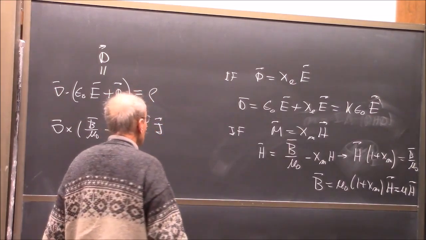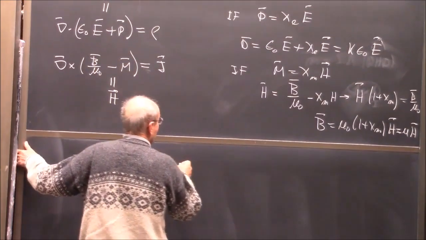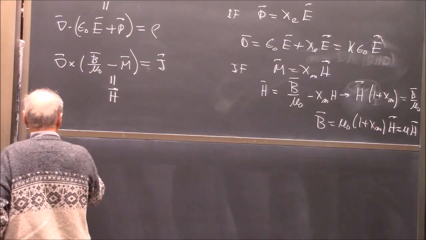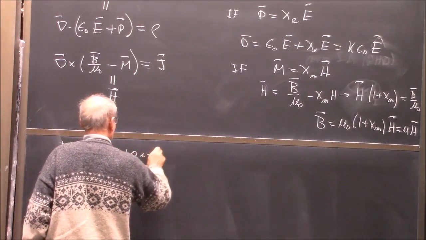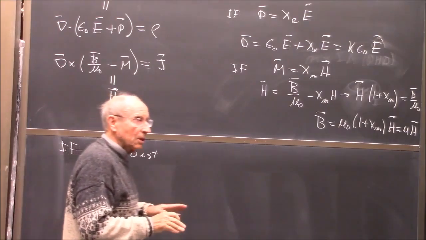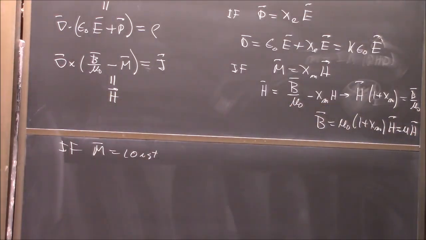Now case 2 was if M is a constant. For example, it's a ferromagnetic material, all the little current loops are lined up so they make one great big magnetization.